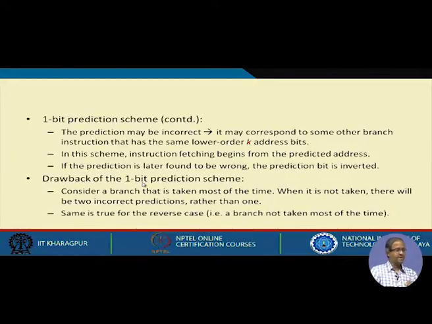Now, the drawback here is that suppose I have a branch instruction which is taken most of the time. When it is not taken, there will be 2 incorrect predictions rather than 1. Why? Let us look at a scenario. Suppose I have a loop executing 100 times.